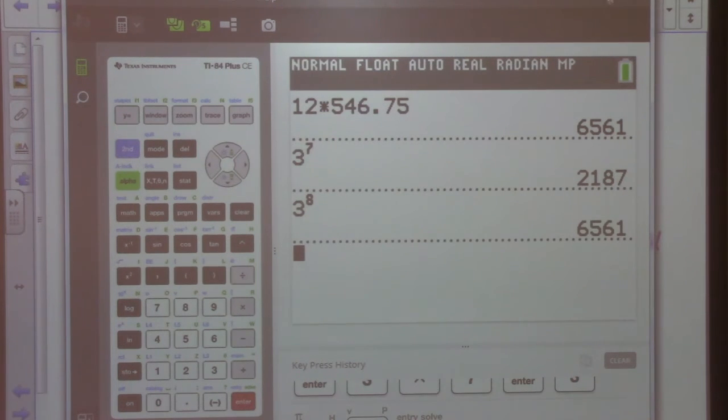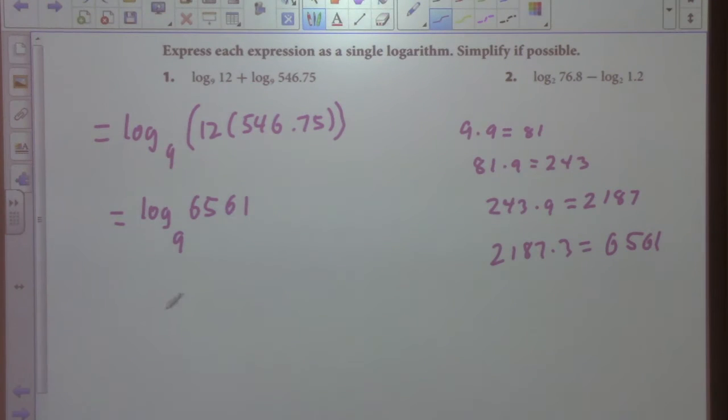So 3 to the power of 8. So I can write this as log base 9 of 3 to the power of 8. And then we can use another property of logarithms, so that'd be 8 log base 9 of 3.